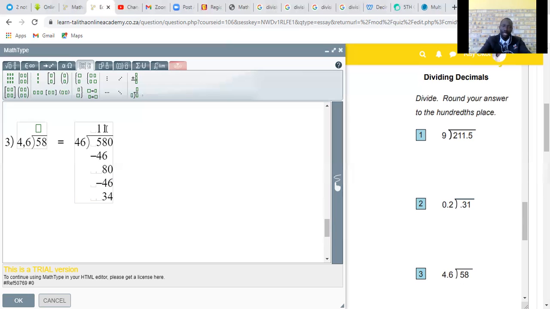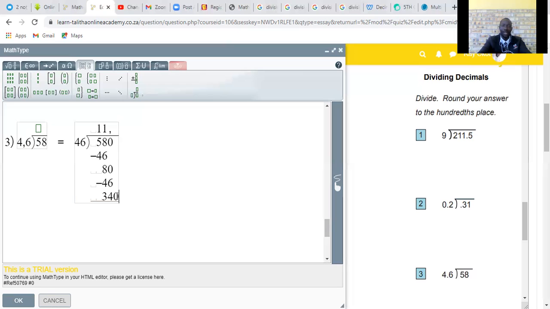So instead of putting 0, since we already have 11, we just put a decimal point. And when we put a decimal point onto this 34, we add 0, so that we get 340.